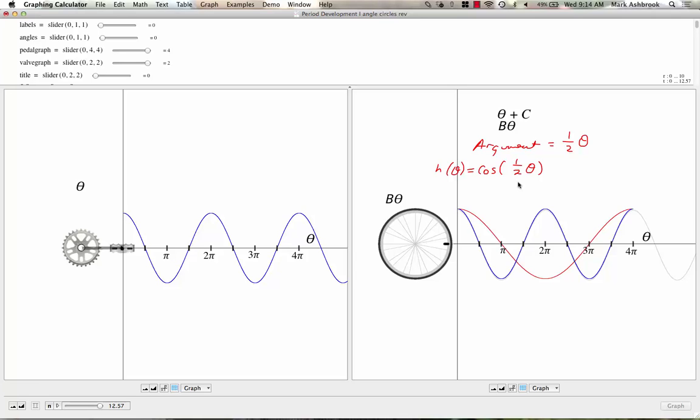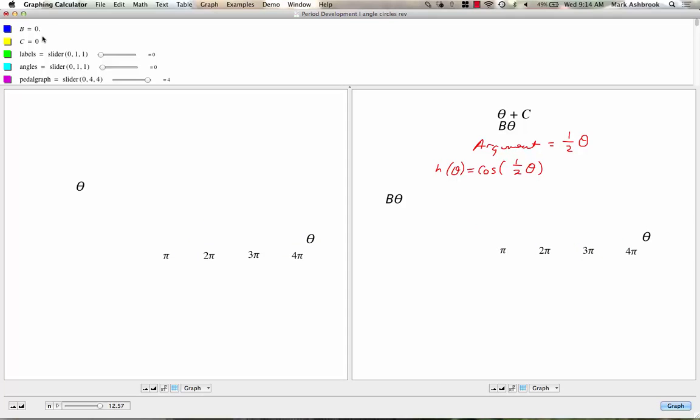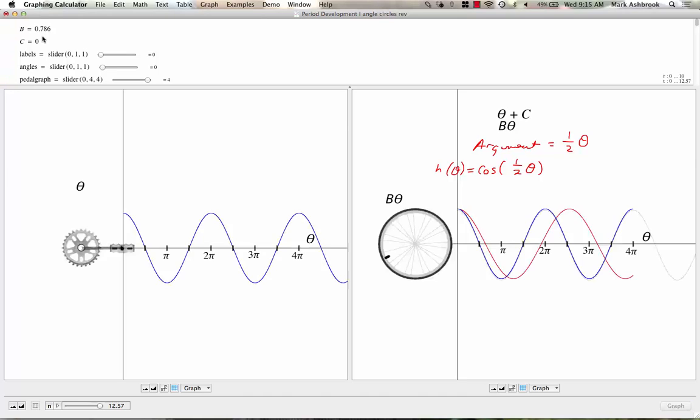Okay, and then to get it exactly, remember what we said? So say I do 0.786. How would you find the period exactly? So now I'm taking 0.786.